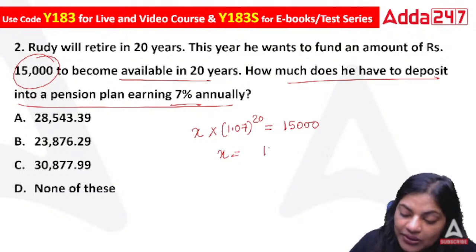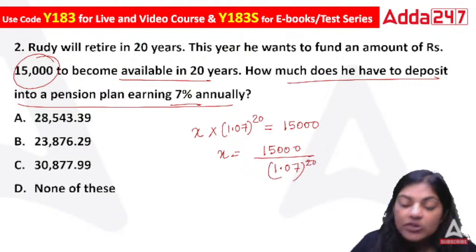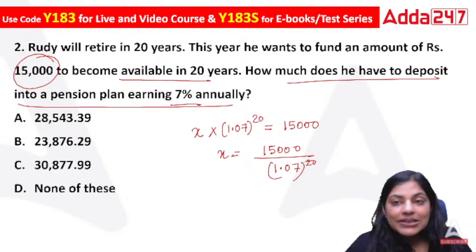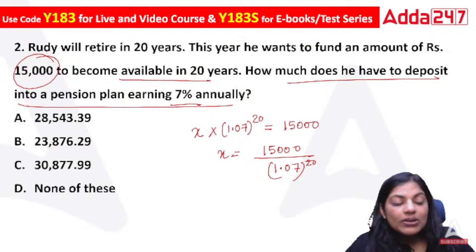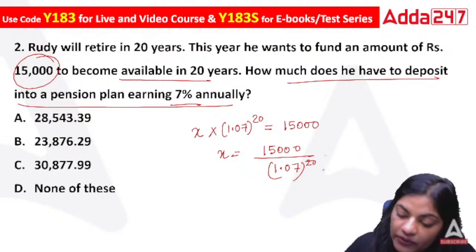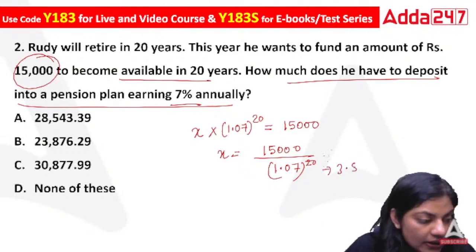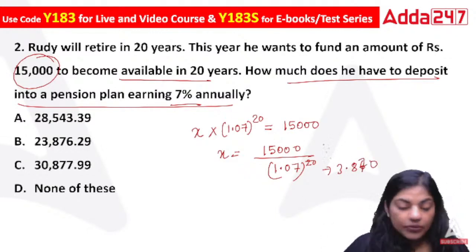So can we calculate? See, the only part over here is to understand what is the language of the question. Once you understand the language of the question, it would be easier for you to understand the concept. So here the power will come as 3.86870, right?